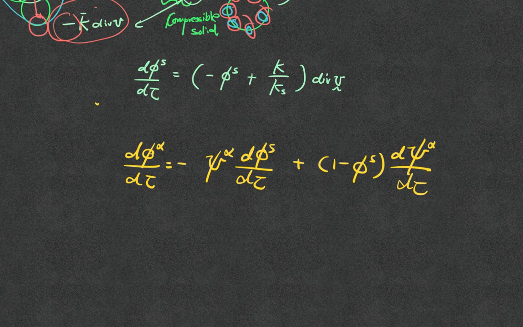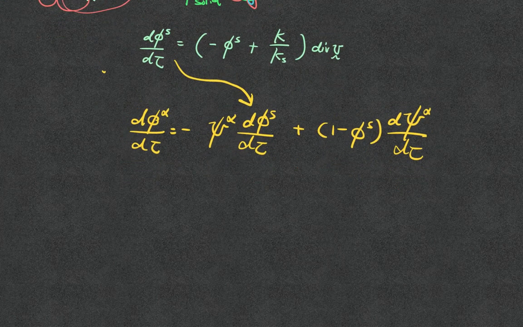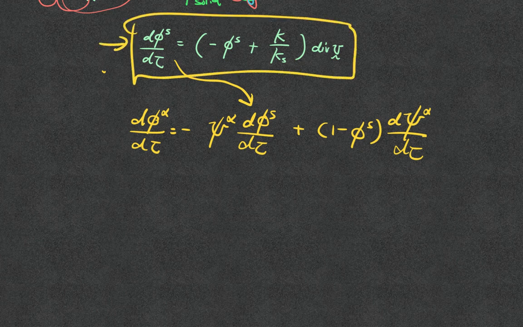So what I need to do is very simple. I just need to substitute this inside these equations, and what I would have is the following. For the solid term, the rate of change is this term.